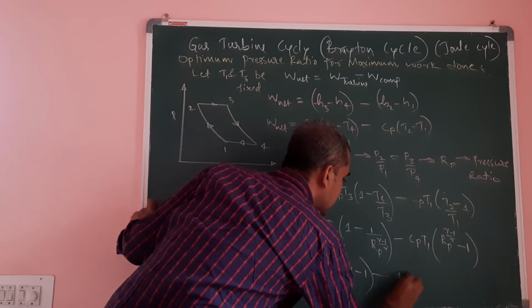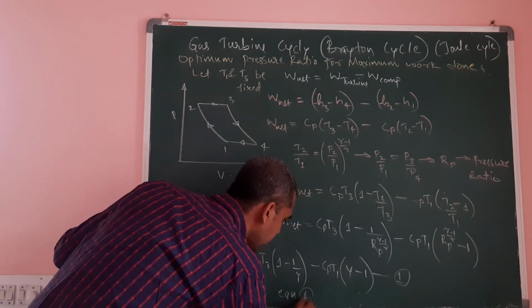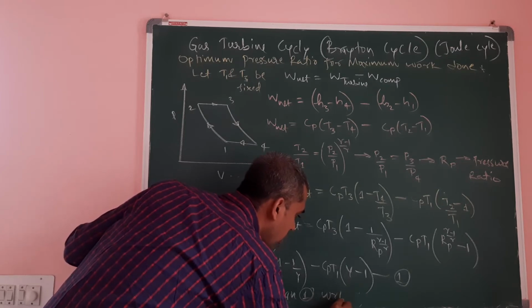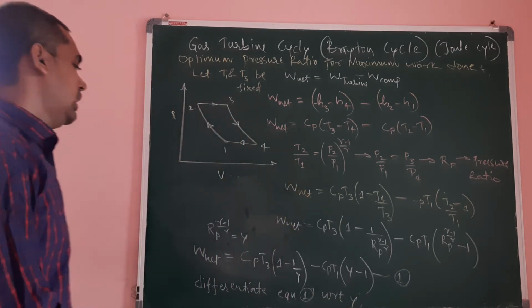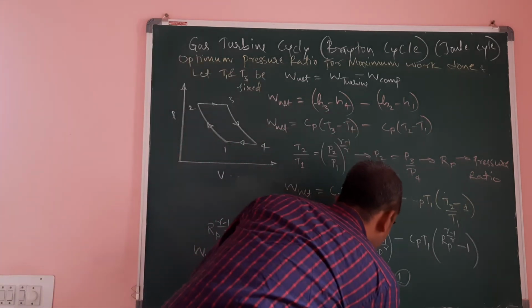Let us call this equation number 1. We will differentiate equation 1 with respect to Y and equate to 0.